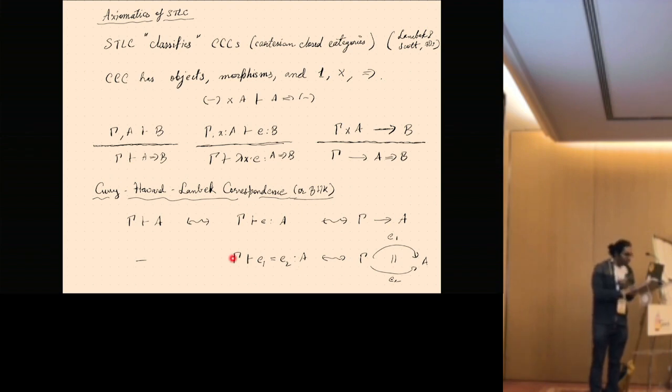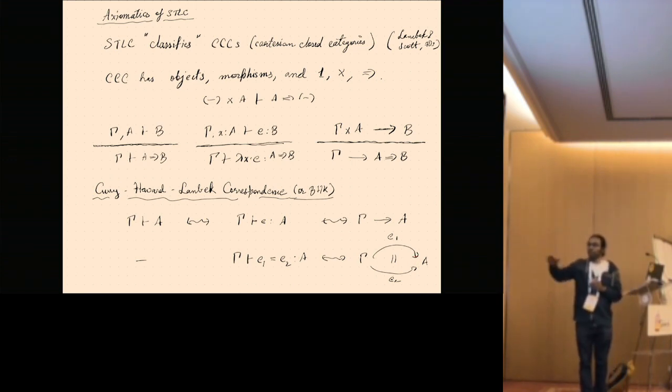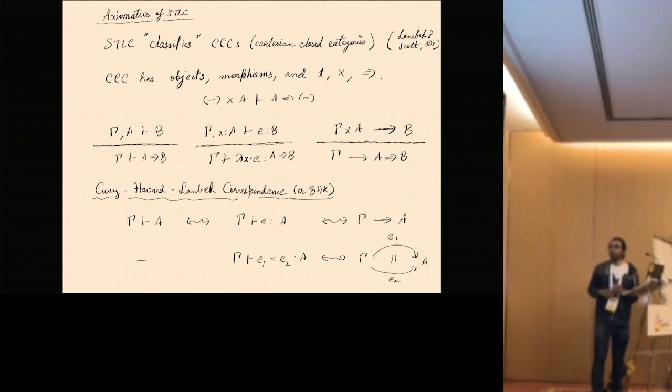So when you say that two lambda terms are equal in the lambda calculus, which means up to the beta eta equations, you can show that the interpretation of these lambda terms as arrows are going to be equal in the category.